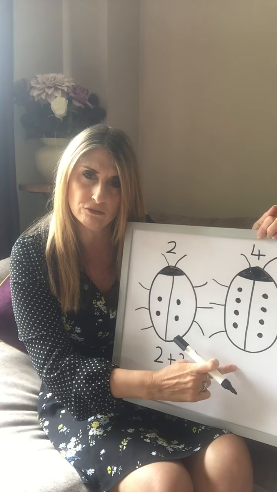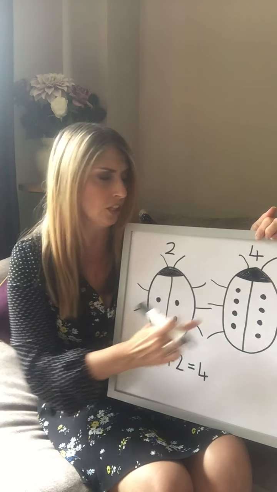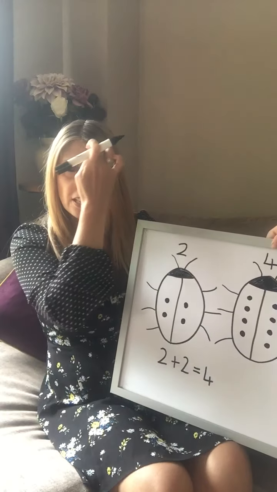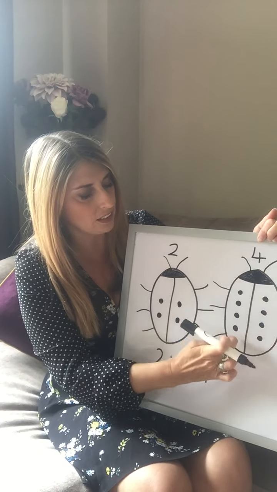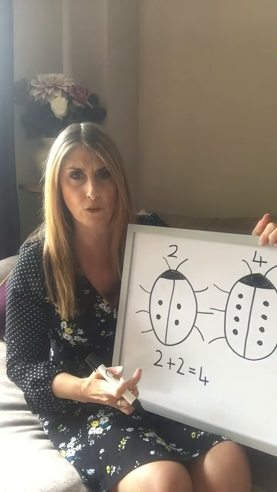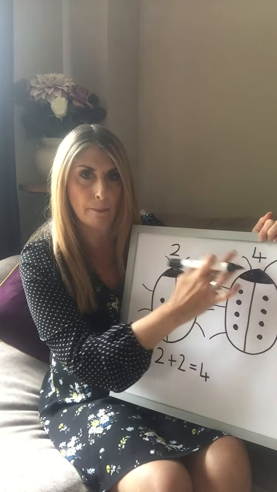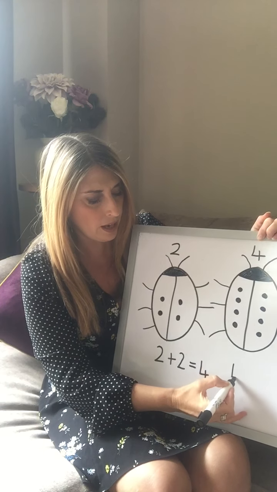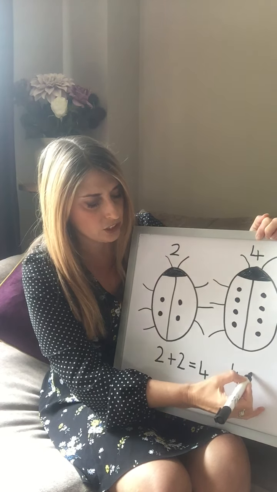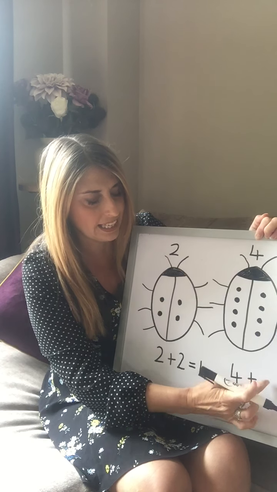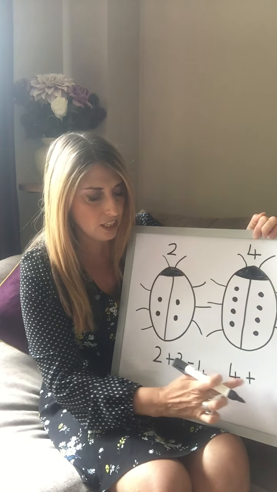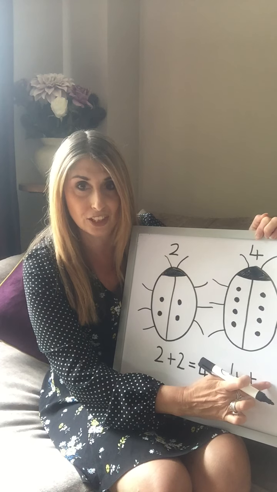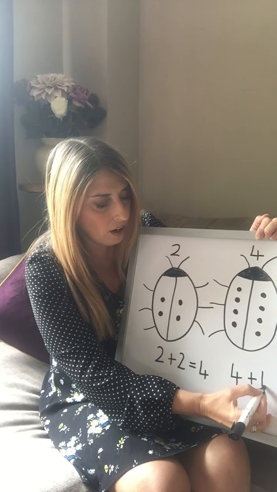Let's see if we can write the equation to go with this. So on this side, we know there are 4 spots because we are doubling 4. And with an equation, we are adding the same number again. So we know it is going to be 4.